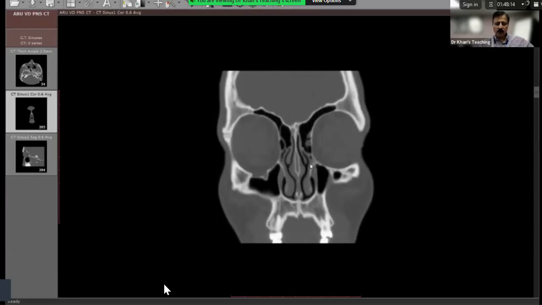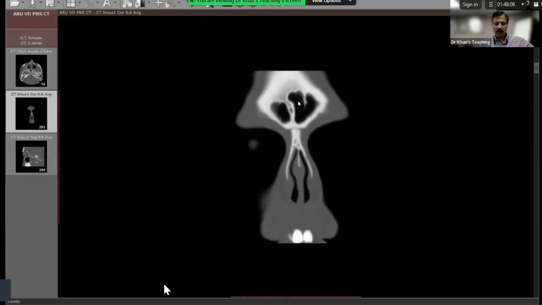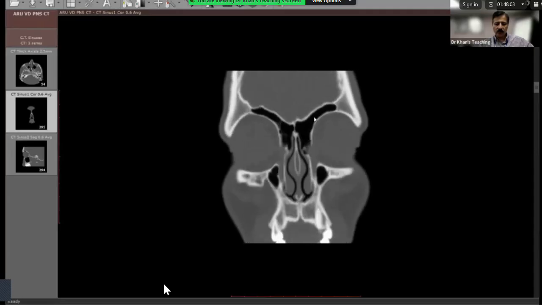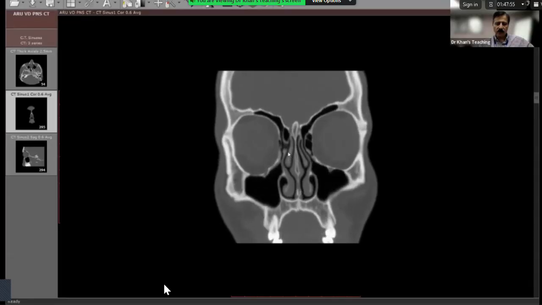So as I'm coming anteriorly once again, this time our aim is to see the frontal sinus. So this is the frontal sinus. And you can see that there is a groove here. And actually, you might be able to see it very well in some cases, but somewhere here, you can see it here, where I am pointing out.